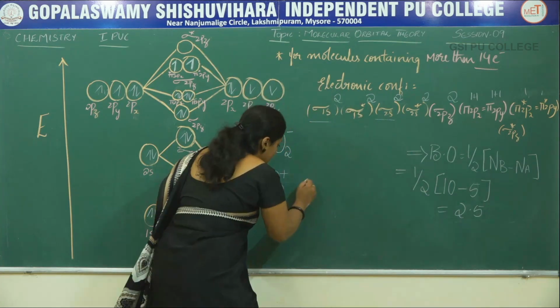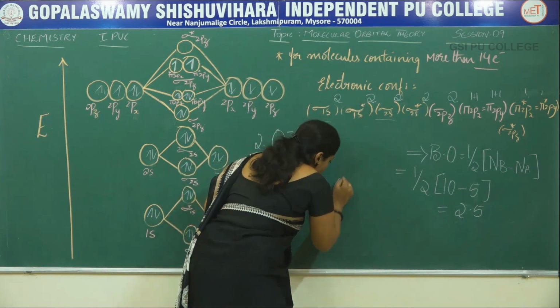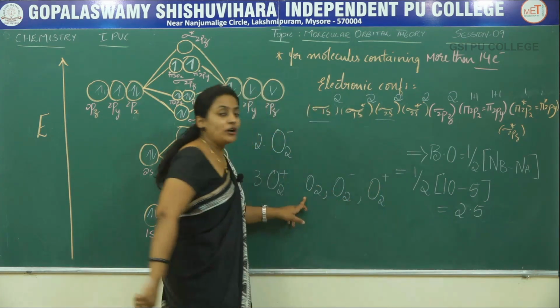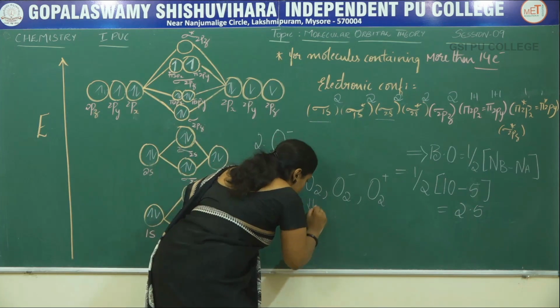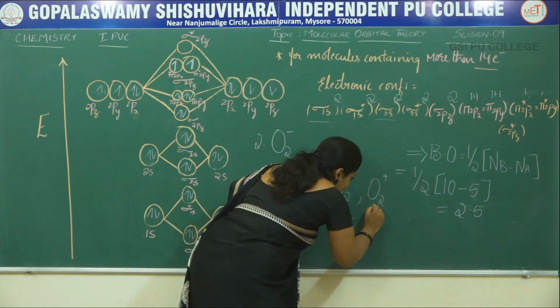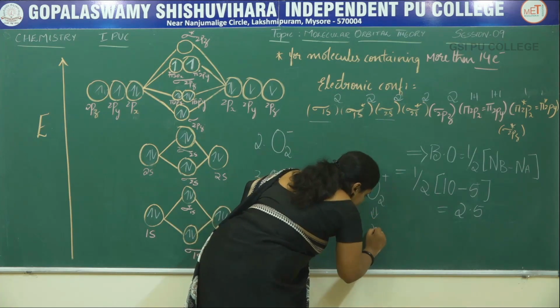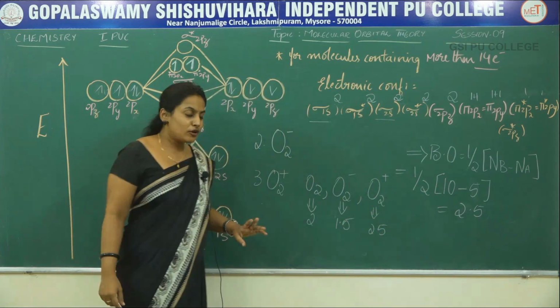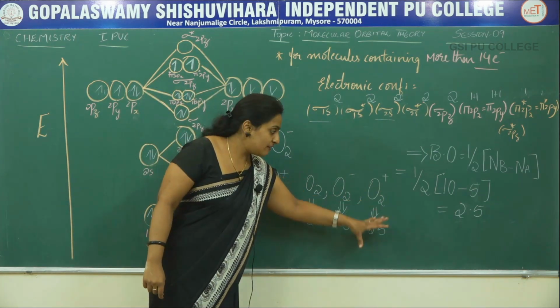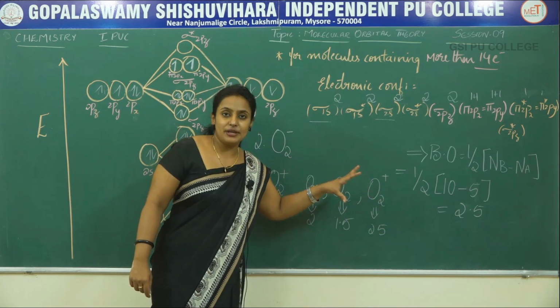When you observe O2, O2 minus and O2 plus, the bond order for oxygen is 2, the bond order for O2 minus is 1.5, and the bond order for O2 plus is 2.5. You can observe here that an increase in bond order gives stability to the molecule.